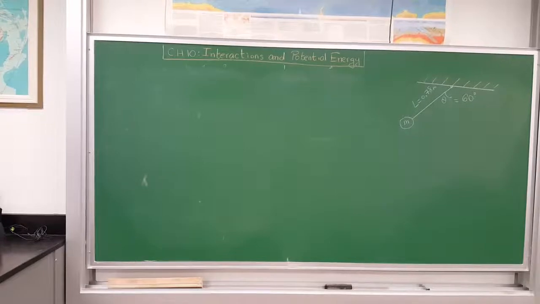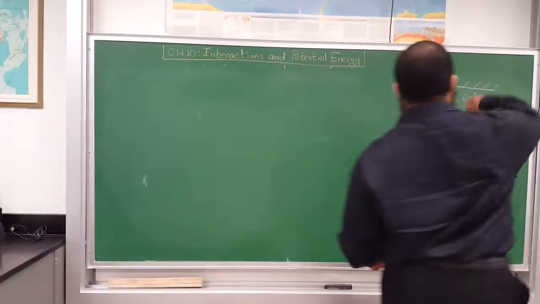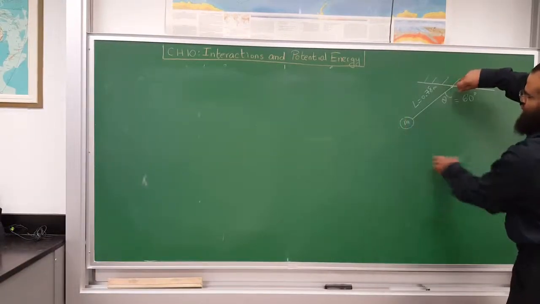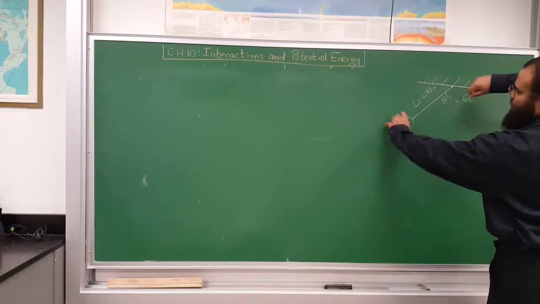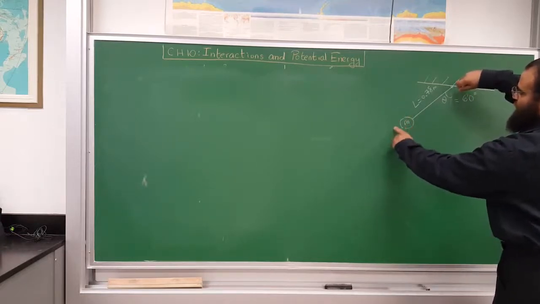So sorry, I thought we would do the vertical spring, and that will be later. Come back to it, probably in the problems also. So let's do this pendulum thing. So you have a mass attached to a string, and it swings. So at the highest point here, the speed is 0, and you let go, it swings.